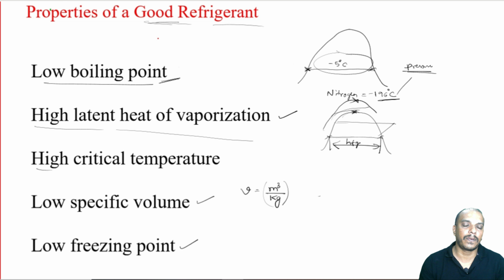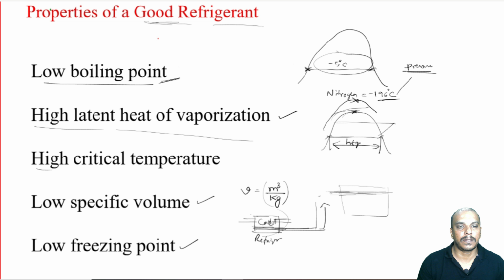Now, what do we mean by low freezing point? Freezing point is the point at which the refrigerant itself gets frozen. For example, there are situations where we use water as a liquid coolant, all right. So, we will have a refrigeration system, and we will have a centralized conditioning system where cold water is cooled here, this is the refrigeration system. Then that cold water is taken to a place where we want to use it.